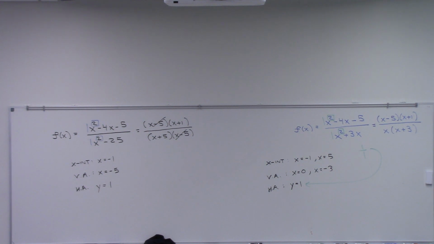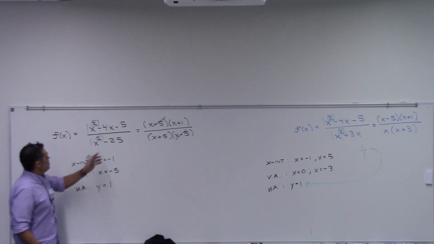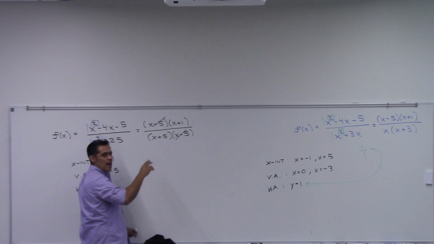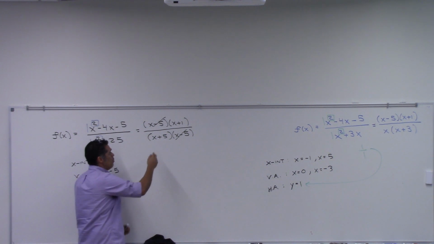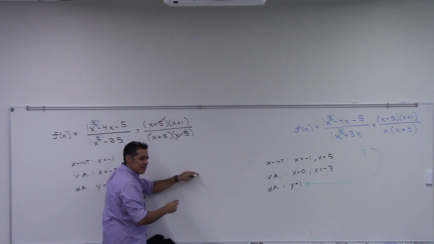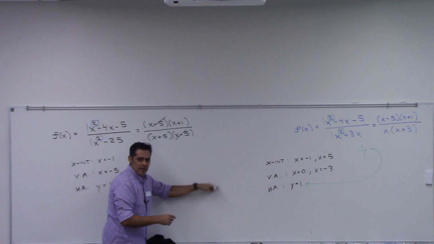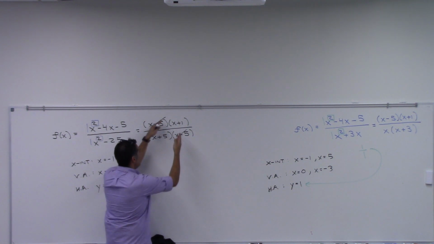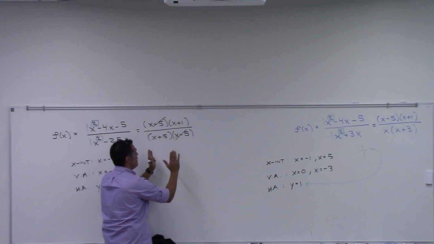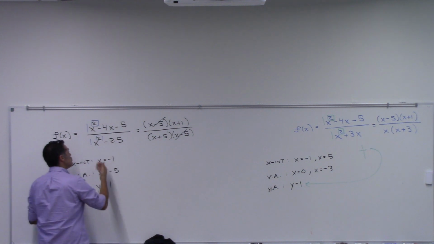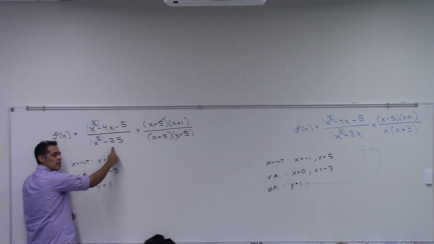There is a hole in that graph. How do I know there's a hole? Because, remember, I know I said this in class before. When you cancel factors, there's a little asterisk where you're promising me that that factor will never be 0. When I cancel these, I'm promising you x can never be 5. Because in the original function, if I try to plug 5 into this, I'm going to get division by 0.